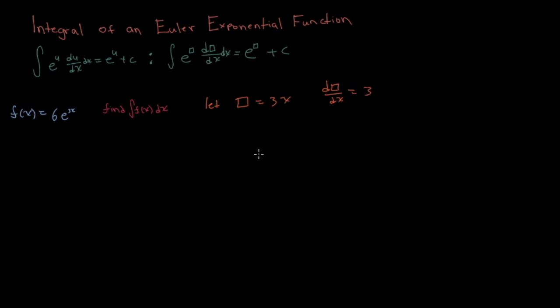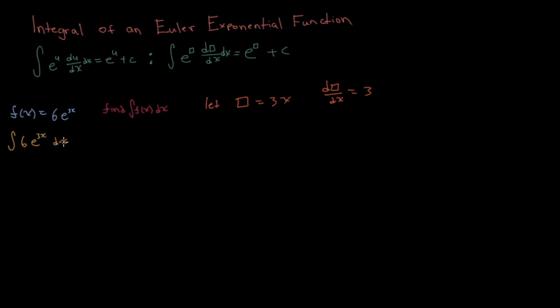From this point on, we can arrange our integral in a way that we can solve it. The integral of f of x dx is equal to the integral of 6 times e to the 3x dx.